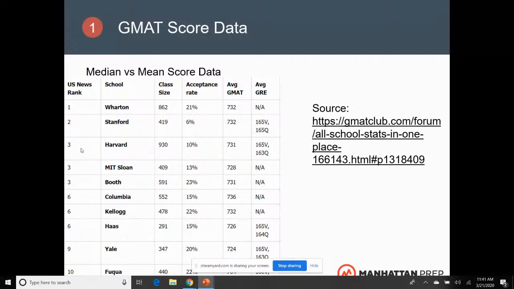I have worked with people in the past who take and retake the free MBA.com practice tests so often that they start to see artificial score inflation because they're seeing questions they've already seen before. So in that instance, you would need to get another source of practice tests to get a better estimate for your actual score. But once your practice test score is within 30 points of your goal score, you want to get a test date.